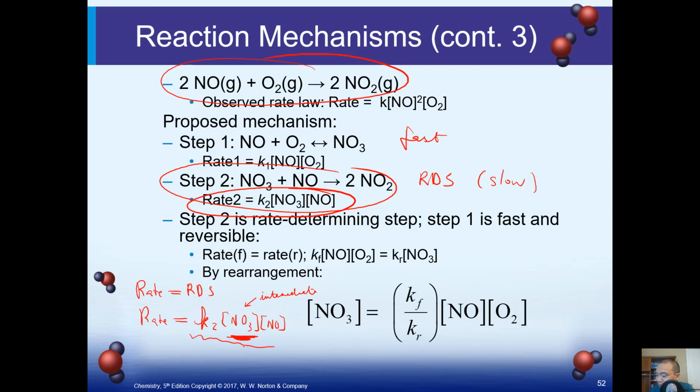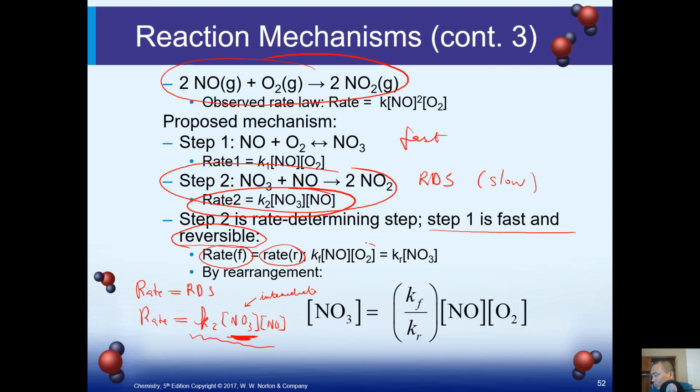The key is that any steps, or any faster steps, before the rate determining step are considered at equilibrium, so-called reversible. In this way, we know any step that is at equilibrium has the rate for the forward reaction and the rate for the reverse reaction exactly the same.